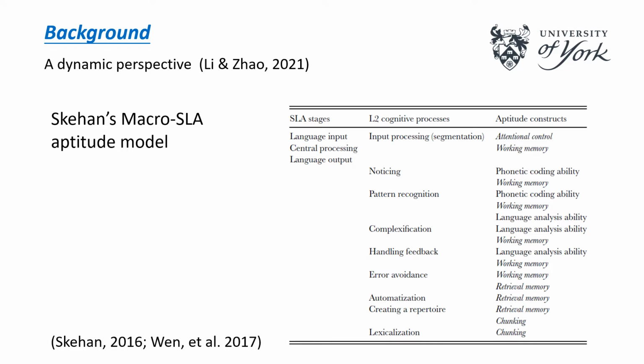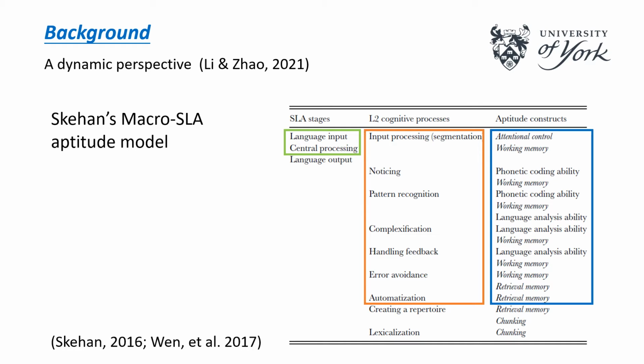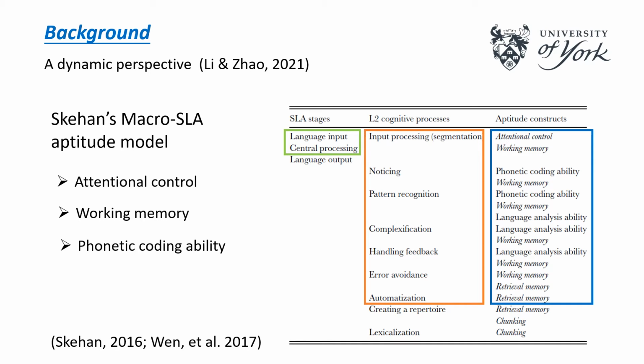Therefore, I proposed that in my study in the cross-situational learning context, there would be two stages of language input and central processing, which may involve these cognitive processes, and they may be inferred from the aptitude constructs of attentional control, working memory, phonetic coding ability, language analysis ability, and retrieval memory. These constructs form the framework that TOR is built upon.